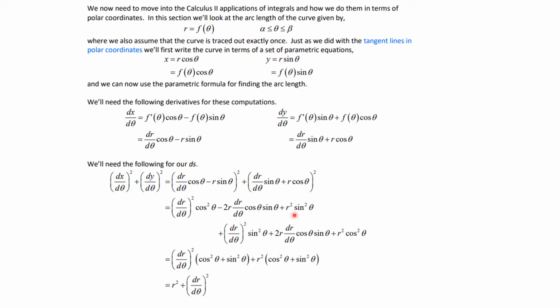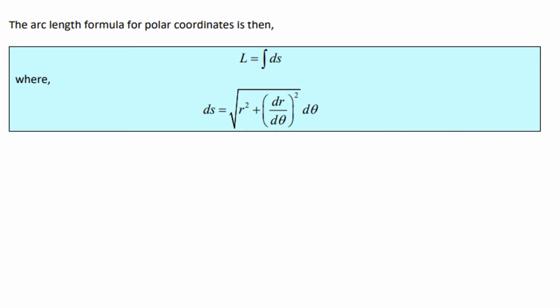Similarly, here I have r squared sine squared theta and r squared cosine squared theta. Again, sine squared theta and cosine squared theta equal 1, so I get r squared. And here, this term is exactly the negative of this term, so they cancel out. So you see, this is the expression I get in polar coordinates. And that's what I'm going to put under the square root.